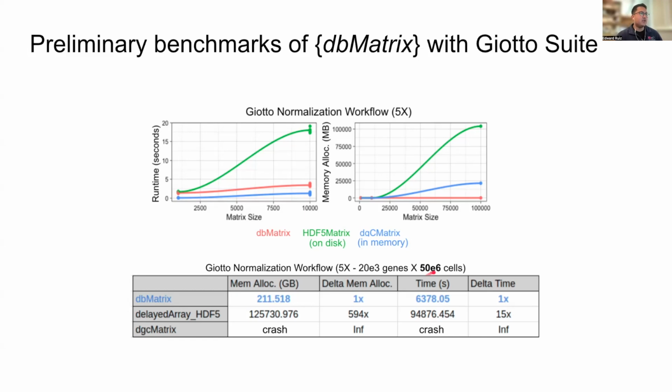This is 50 million. dgCMatrix isn't able to handle this data on my MacBook Pro with 16 gigs of memory. HDF5 Matrix is, but we have been able to observe substantial speedups, on the order of a magnitude, and substantial improvements in the amount of memory used as well.